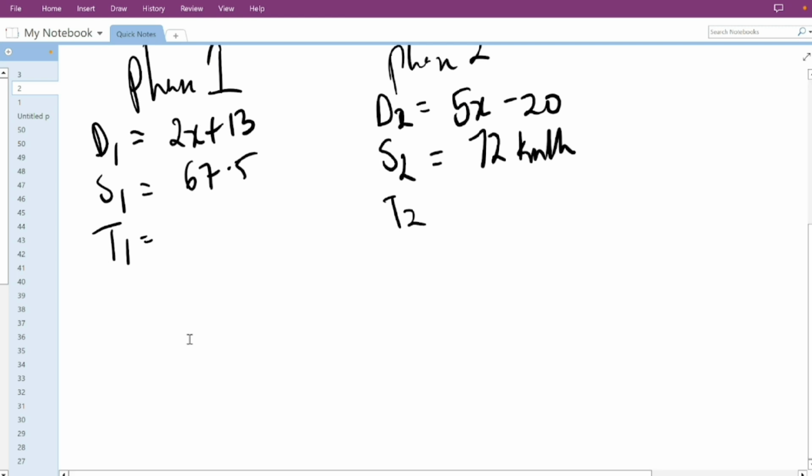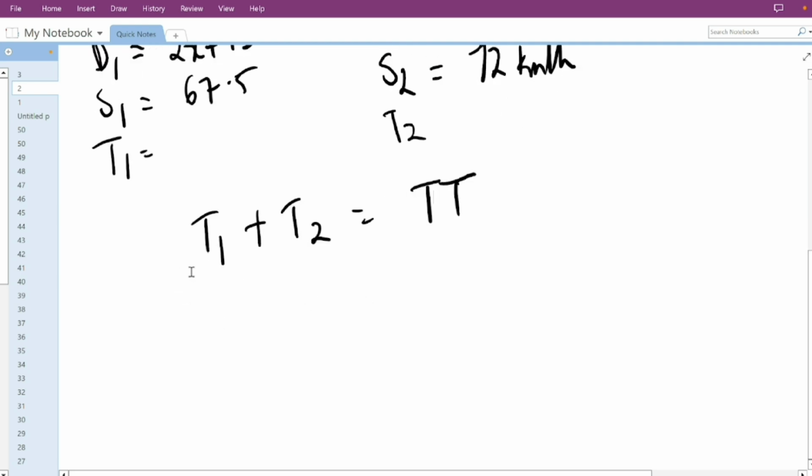So t1 plus t2 equals tt, the total time, which is given as 90 minutes, and we got it to be 3 over 2 hours. So we can find t1 from phase 1 and t2 from phase 2, add them together, and it should equal the total time. Then we solve for x.